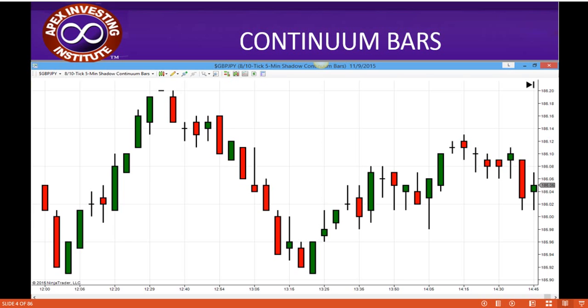time-based bars can actually have some flaws. One of the bad things about time-based bars is, let's say for example you're using a 5-minute chart. Every 5 minutes there's going to be a new bar automatically plotted on your chart, no matter what's happening. Even if the market's not moving, just because a little time has passed and just because the earth has rotated a few degrees on its axis, you're going to get another bar.